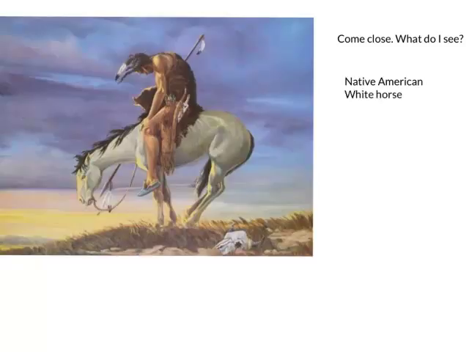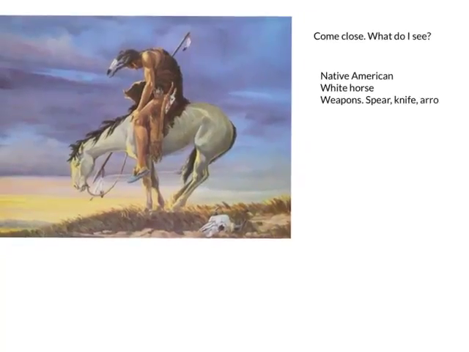I notice that he has some weapons, some of them being a spear. I notice a knife right on his waist. And I believe those are arrows next to him. Now, I'm not quite sure I see a bow, but I do think I see the arrows.